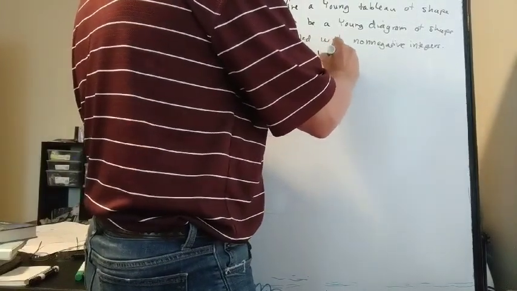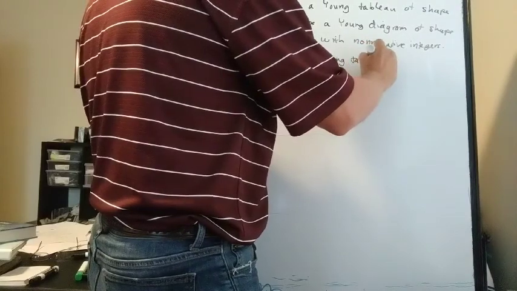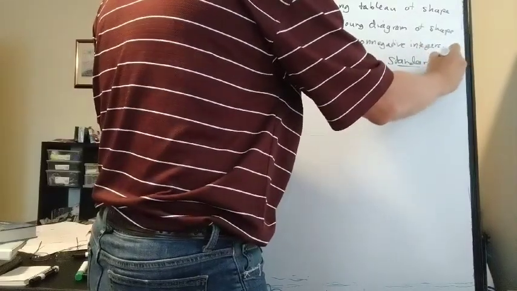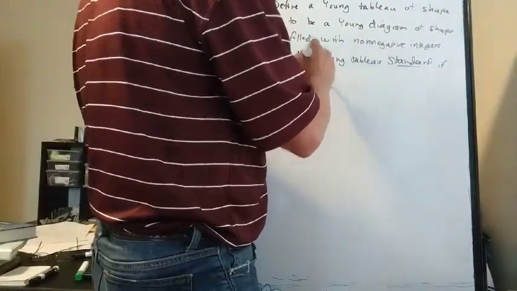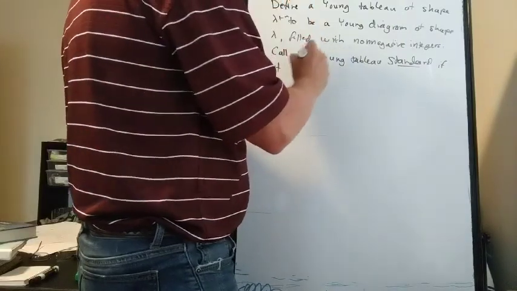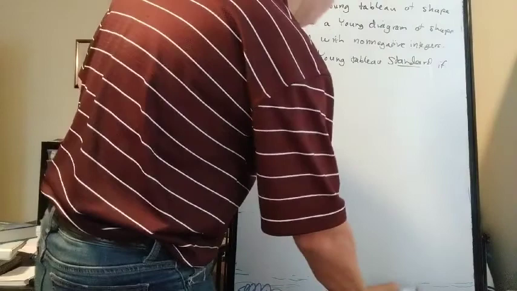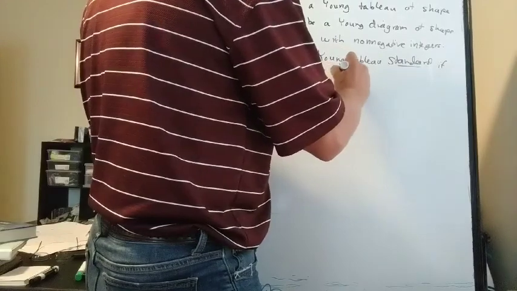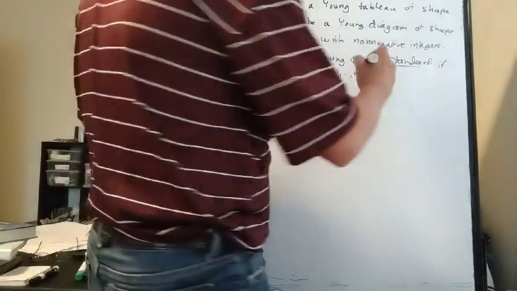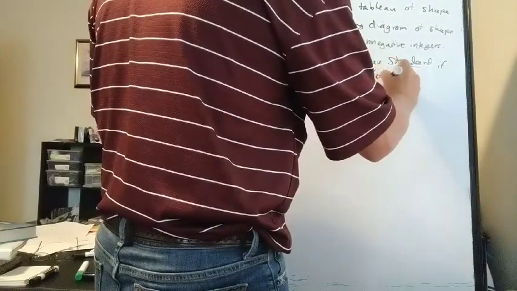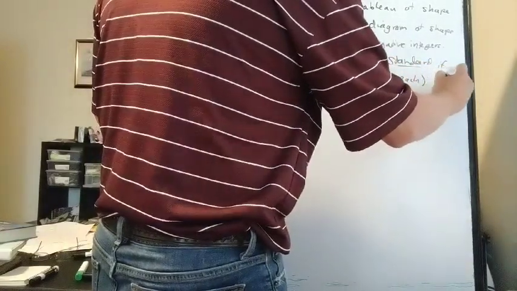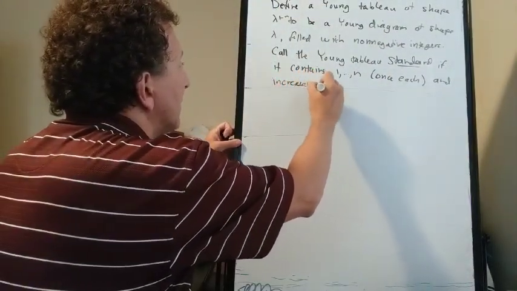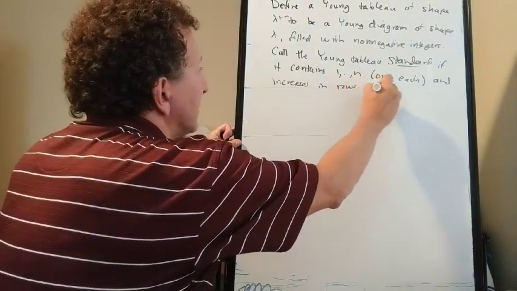And we call the Young tableau standard if lambda is a partition of n, if it contains one through n, each letter exactly once, and increases in rows and columns.